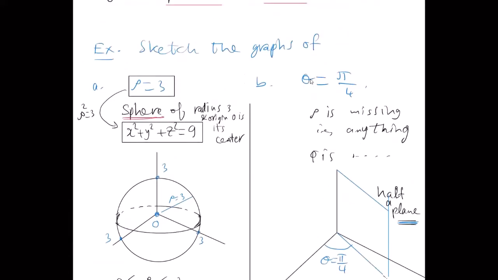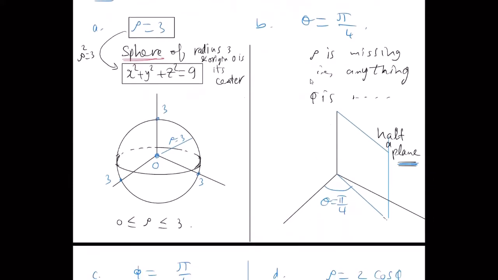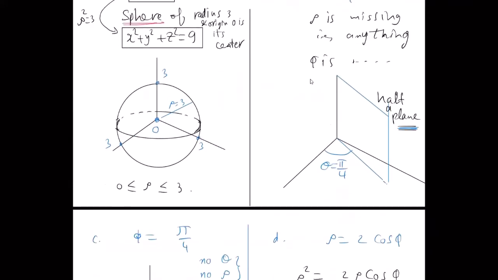The second graph is theta equals pi over 4. Be careful here because we have two angles. Theta is the angle between the x-axis and the projection of the point. This is the x-axis. And phi is the angle between the direction, the position vector of the point, with the z-axis. So we need to distinguish between them very carefully. So what is the situation here?